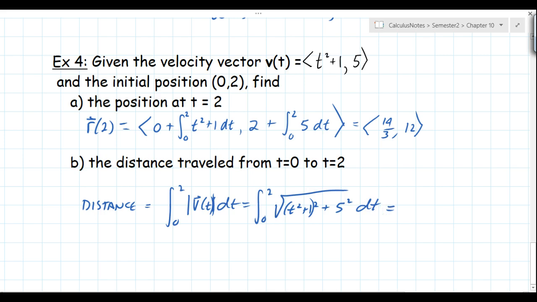And you'll want to evaluate that integral on your calculator and get 11.235. Okay. Questions on either of those? All right, so that is it for lesson 10.2.